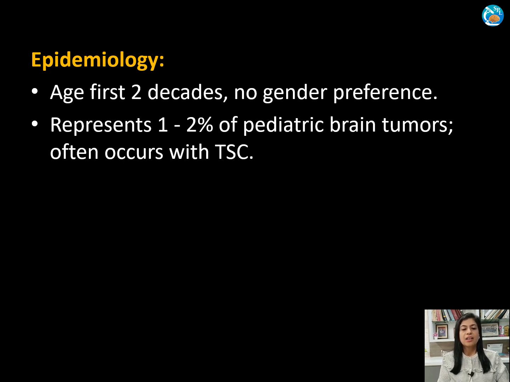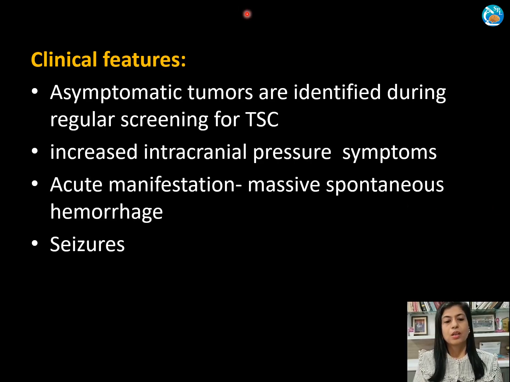These typically occur in the first 2 decades of life, showing no gender preference, and represent 1 to 2% of pediatric brain tumors, often occurring with tuberous sclerosis. SEGA is the most common CNS tumor in patients with TSC. Asymptomatic tumors are identified during regular screening. Symptoms of raised ICT may be present.